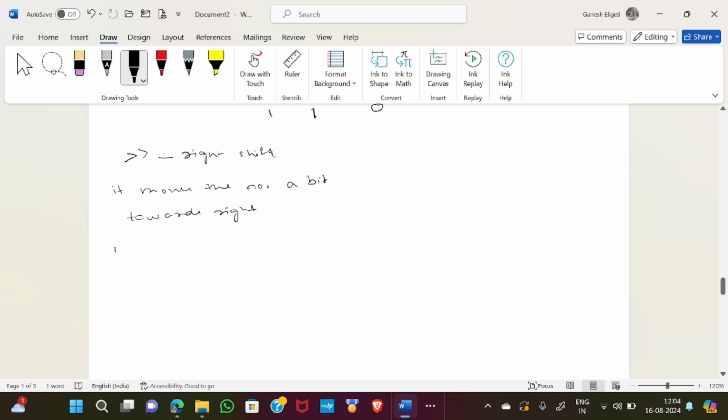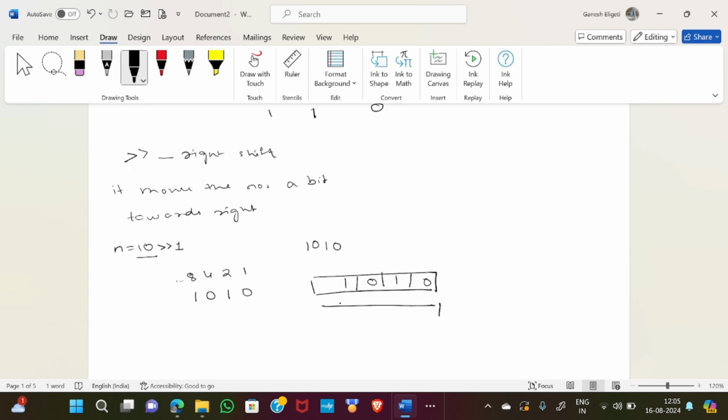Let's take an example. Let's take n equals 10 and we will shift this to the right by 1. So how is 10 represented? Let's say 8, 4, 2 and 1. So 10 is 8 and 2, so 10 is nothing but 1, 0, 1, 0. Now, when you shift it to the right, this digit is discarded.